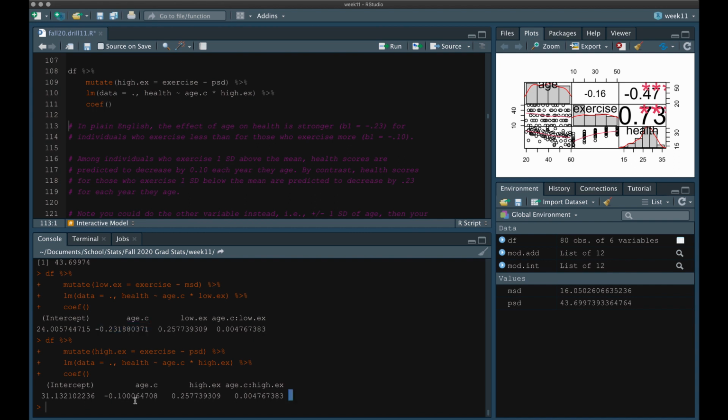For each additional year of age beyond that mean, we expect their health to decrease by 0.23 points. By contrast, that same age group, going up 1 year in age from 40 to 41, amongst people who exercise a lot, we only expect their health scores to decrease by 0.1 instead of by 0.23.